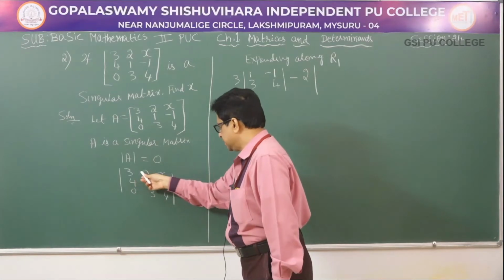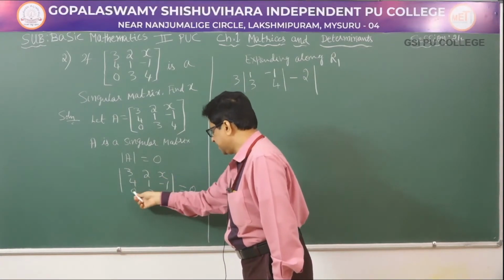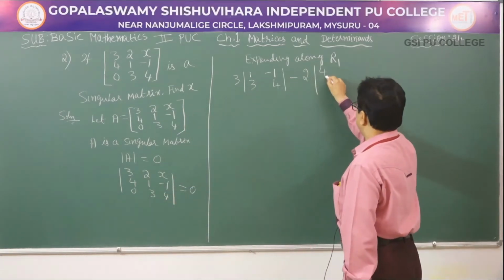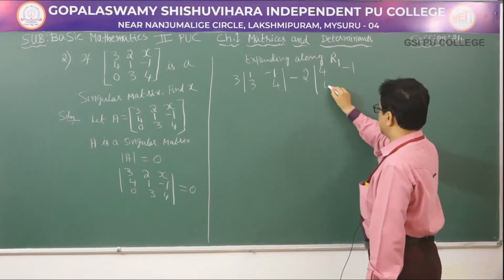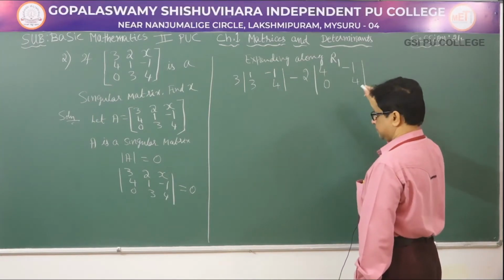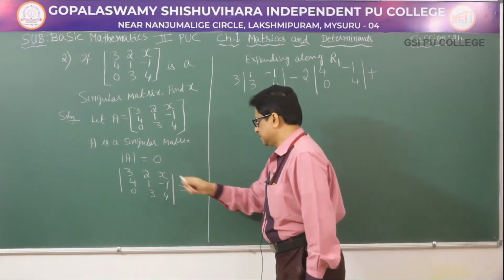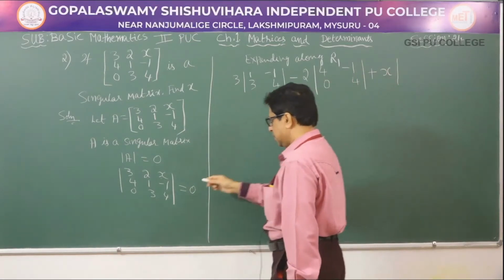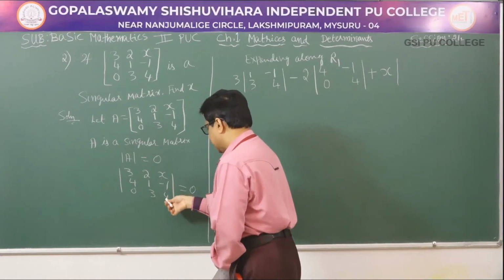We eliminate the first row and second column and take the determinant of the remaining elements. That is determinant of 4, minus 1; 0, 4, plus x into, so x lies in the first row and third column.